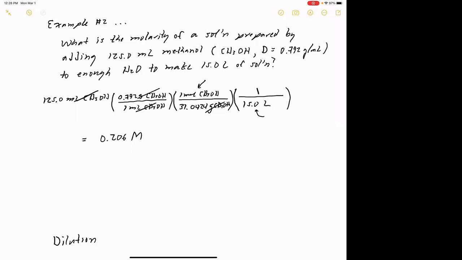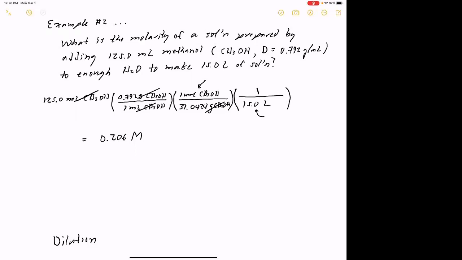Now, dilution is another way of making a solution. So in this case, what I would do is I would have a stock solution. All right. So a stock solution is going to be a solution of my solute that's already made up of a known concentration. And the idea behind dilution is I want to take that stock and make it less concentrated, right? When we talk about dilution, that's what we're trying to do. We're trying to take something we're starting with as a solution and making it less concentrated.